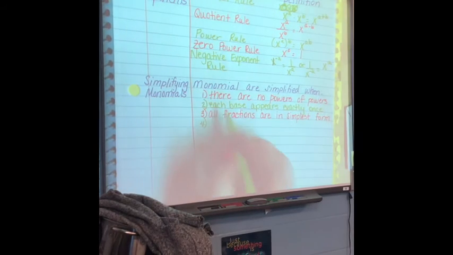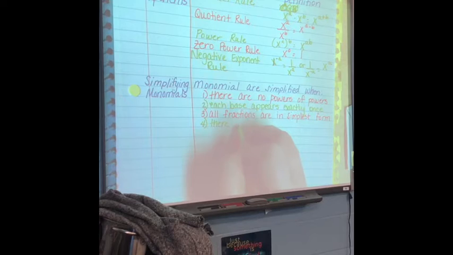All right, and the last thing that must be satisfied is that there will be no negative exponents.